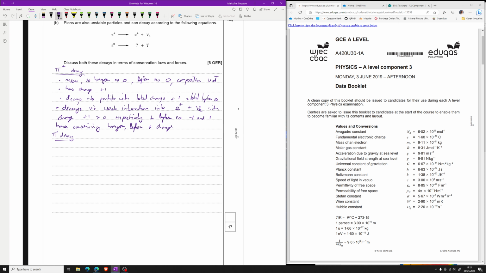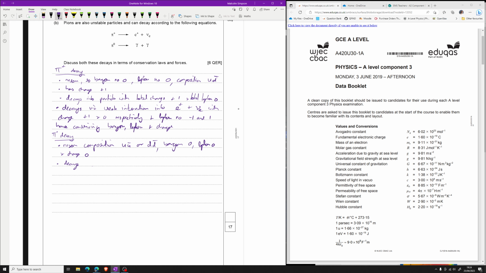Pi 0 decay therefore is also a meson. Composition, it's either up anti-up or down anti-down. Can't tell. Baryon number 0, lepton number 0, and charge 0. So with that in mind, we just have an annihilation here, where you can't annihilate an up anti-down.